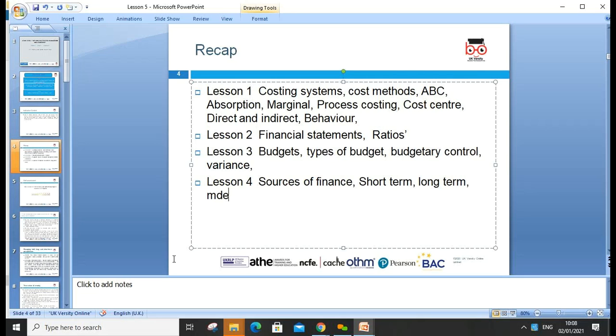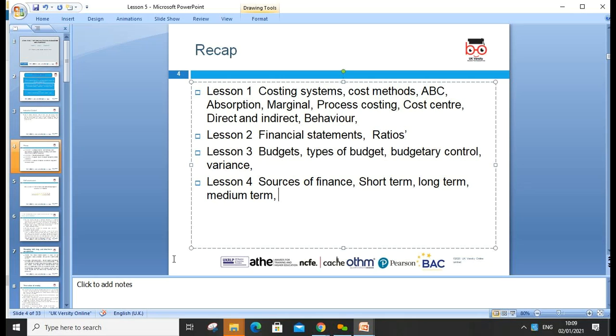Excellent. We even discussed medium-term. Long-term is more than a year, short-term is less than a year, and medium is 1 to 3 years.